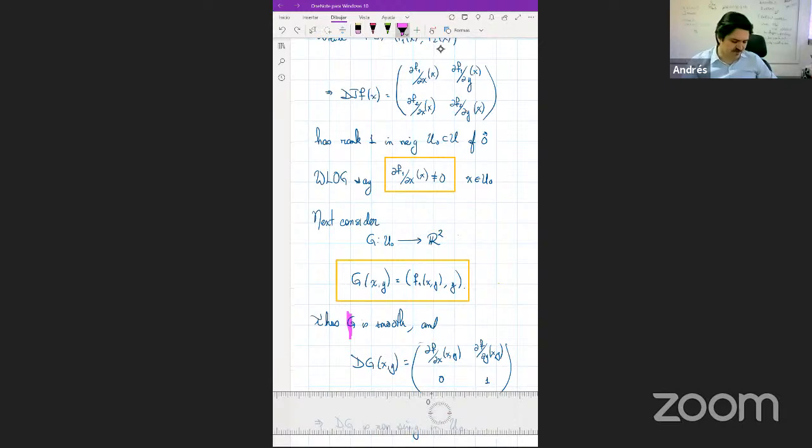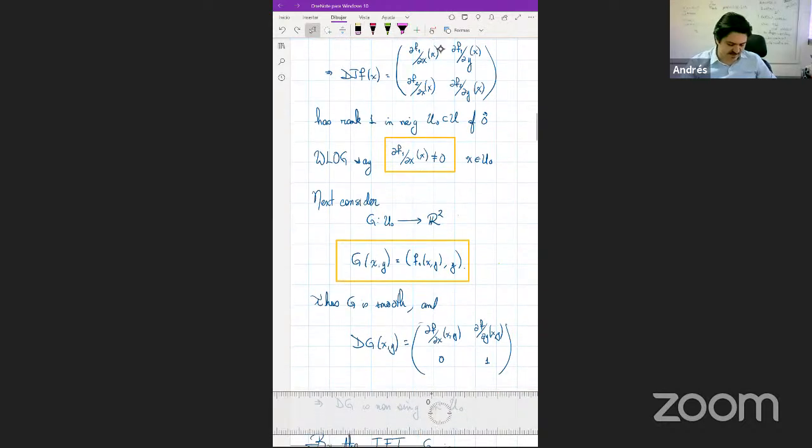Okay. So G is a smooth map because F is. I look at the Jacobian of this function, and I have this expression there. Now, this doesn't vanish on U0.